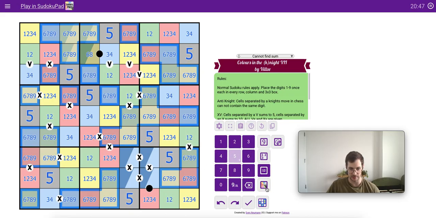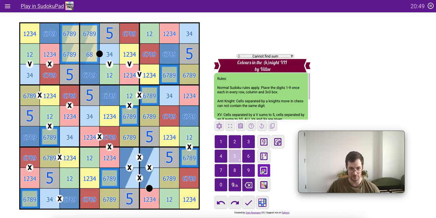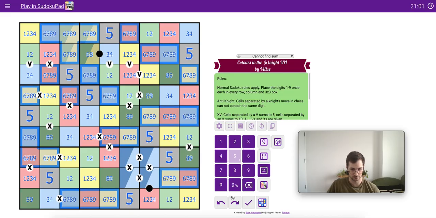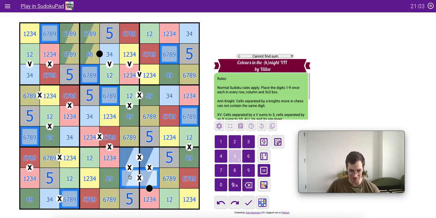All of our dark greens, therefore, cannot be 6s or 7s. And all of our dark blues, like I said, must be 6s or 7s. They cannot be 8s or 9s. Okay.